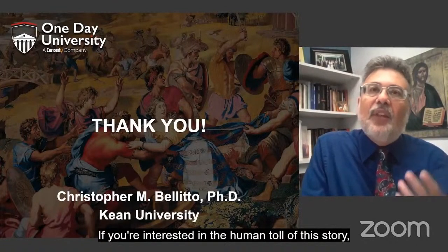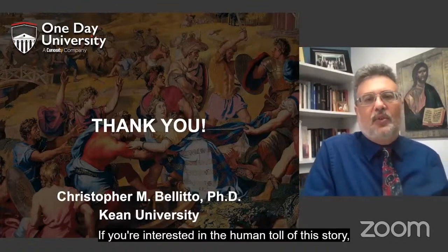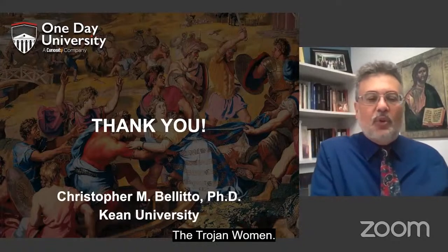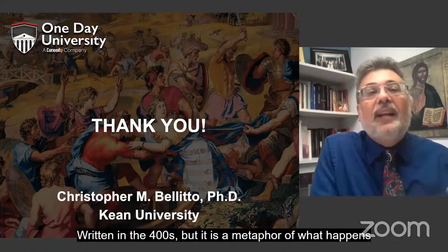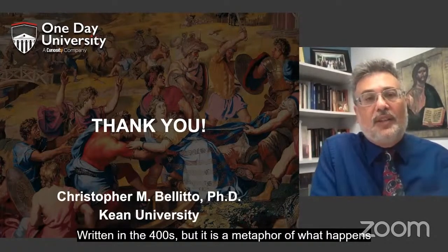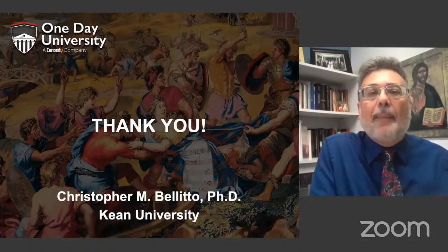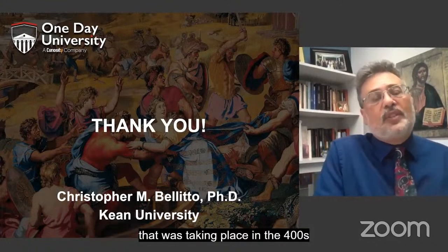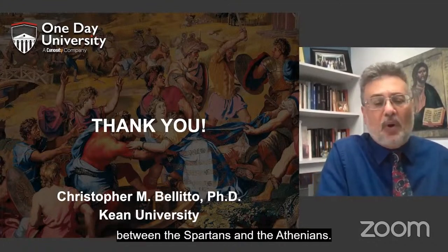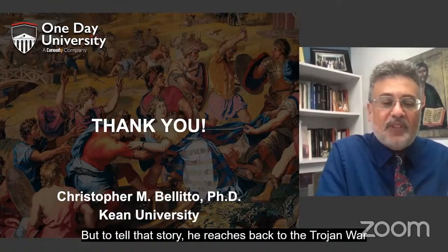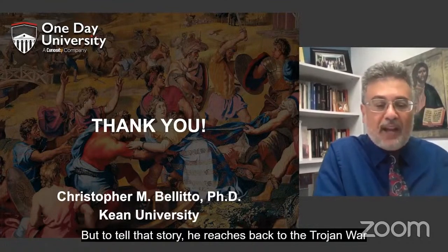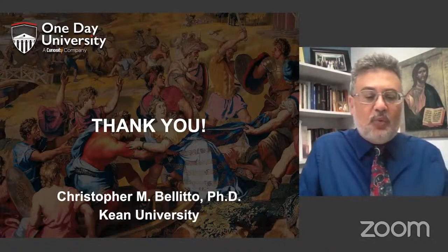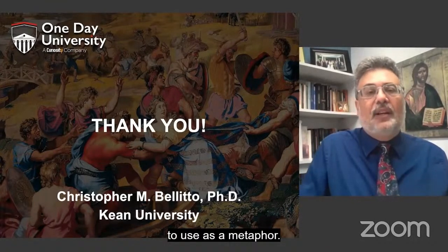If you're interested in the human toll of this story, I would recommend that you read Euripides' The Trojan Women, written in the 400s, in which he speaks of combatants in the war that was taking place between the Spartans and the Athenians. But to tell that story, he reaches back to the Trojan War to use as a metaphor.